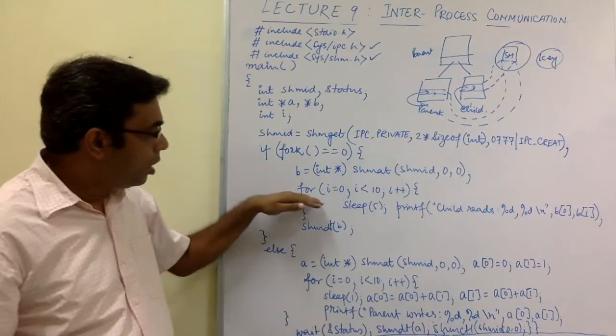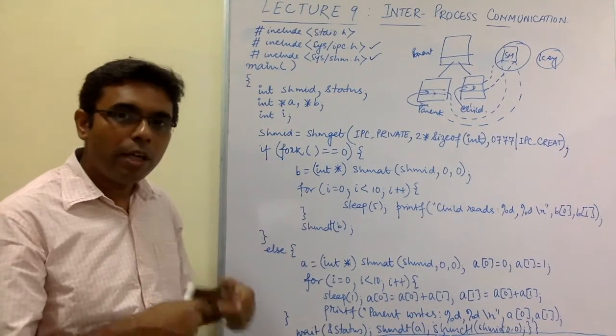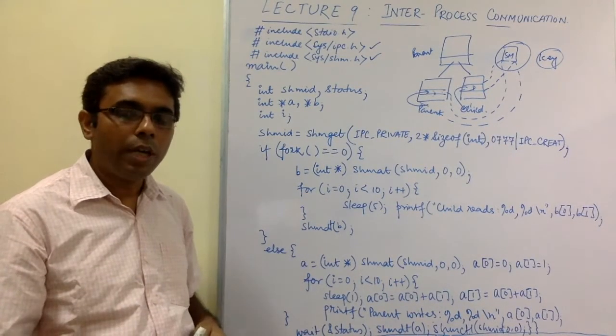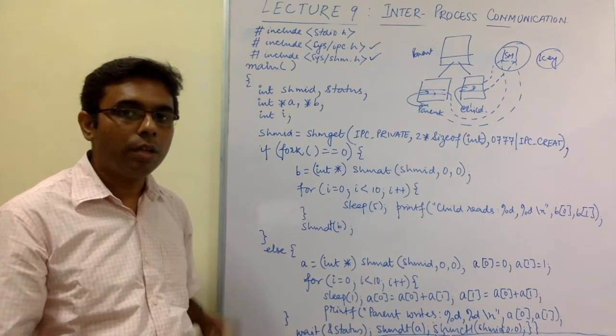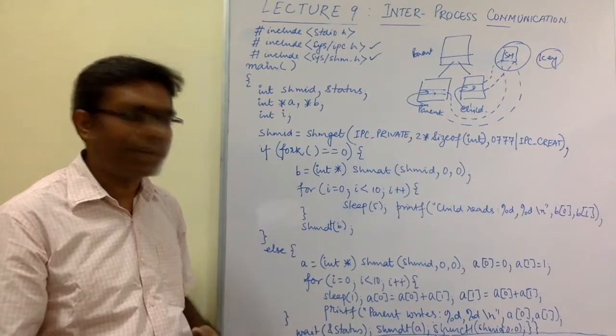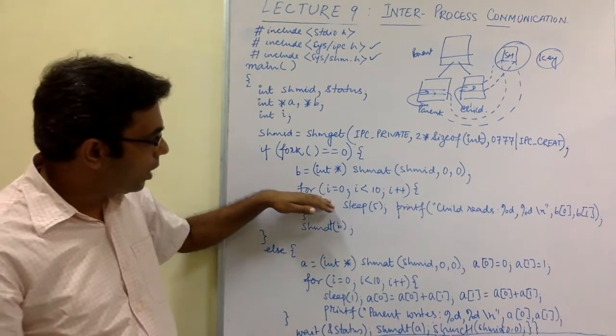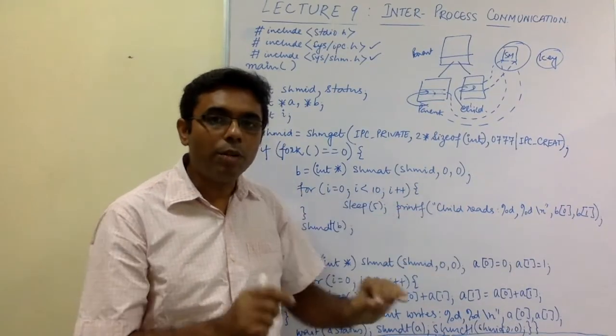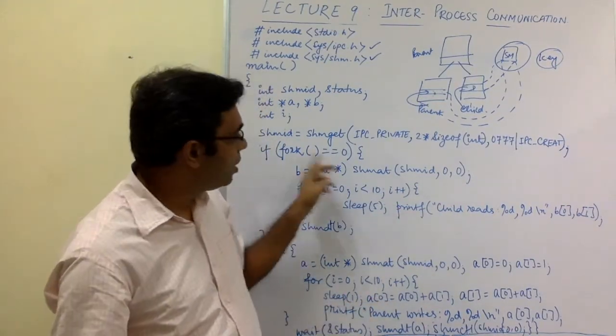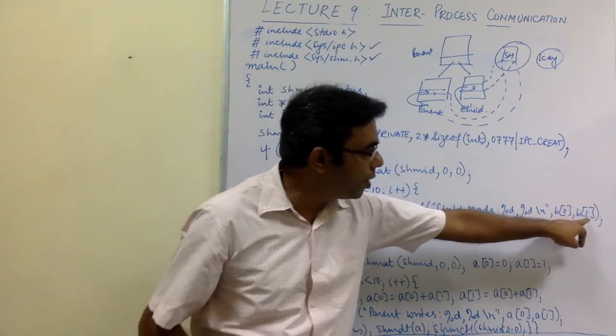Okay. Now we'll be running a loop. That's what we are going to do in the child process if we are going to work with the memory that has been attached. So the child will be reading the values pointed to by B, so it will be reading the values B0 and B1.